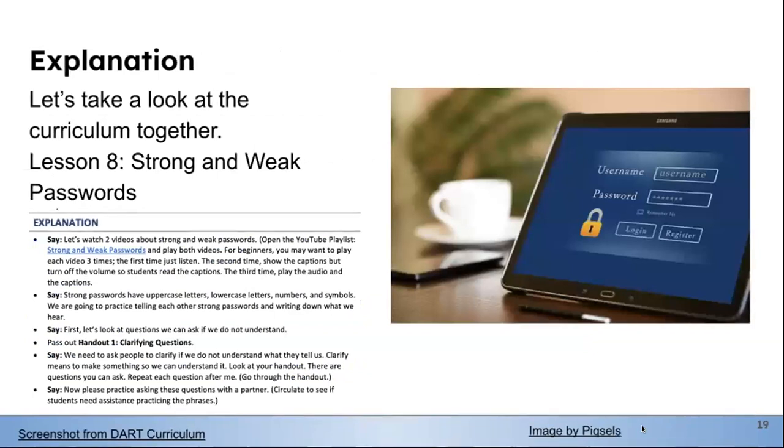So continuing in this same password lesson, this one is on explanation. You're going to watch a couple of short YouTube videos with your class, and then discuss them. You might want to play the videos more than once. The first time they're just catching the gist of it.